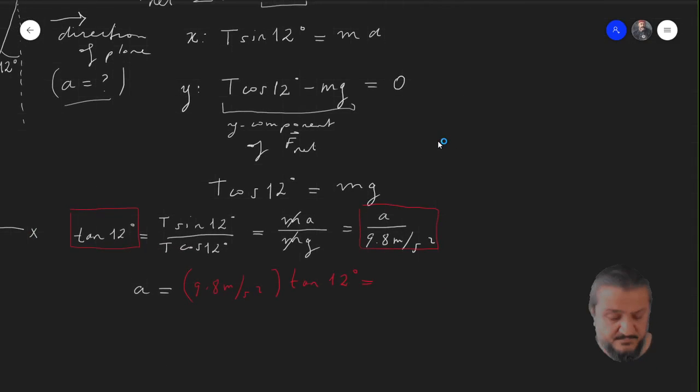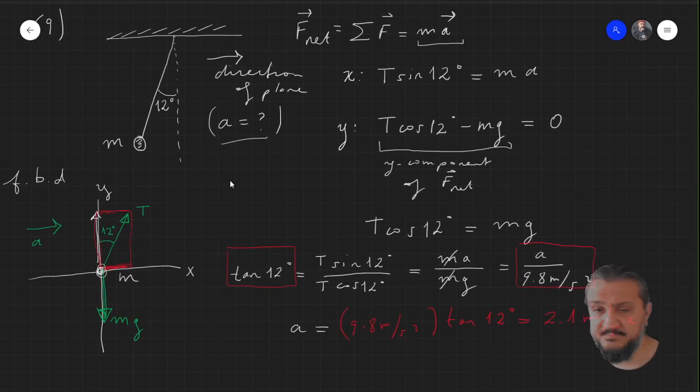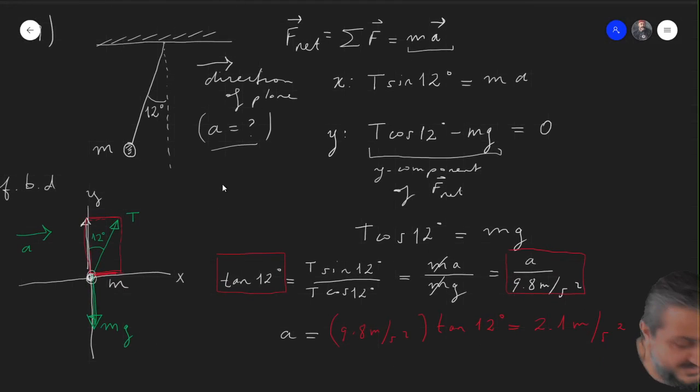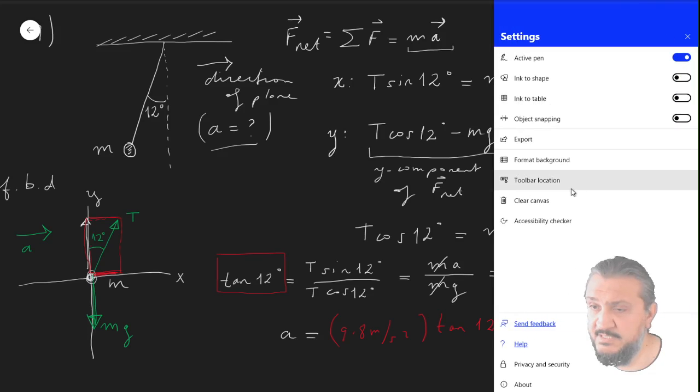So 9.8 times what? Tangent 12. Make sure your calculator is set to degrees, not radians. And the answer is 2.08 or 2.1, let's say. 2.1 meters per second squared. So that is the acceleration the accelerometer measures.